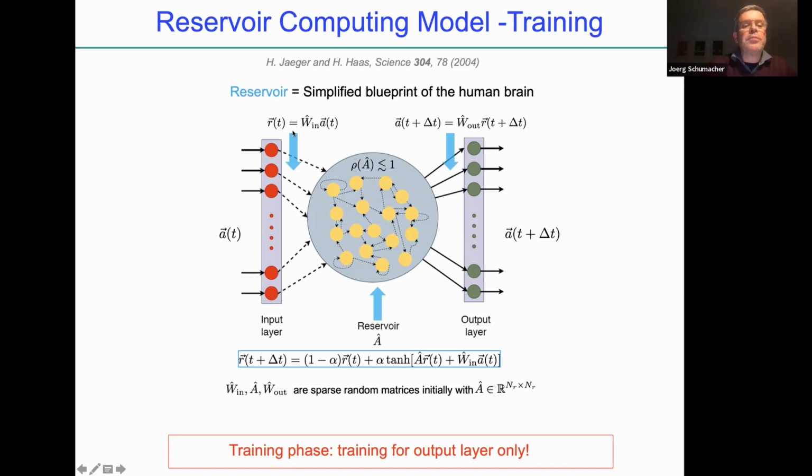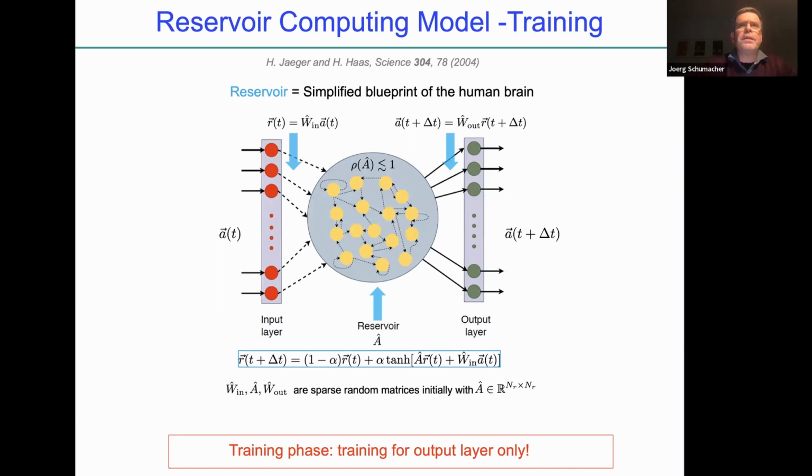The one is the input matrix, which takes the data and maps them to the reservoir state. The reservoir state is a vector, and the dimension of this vector is typically much larger than the original state vector of our dynamical system that we want to study.